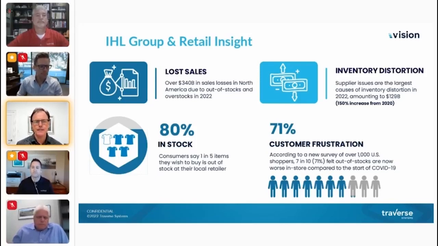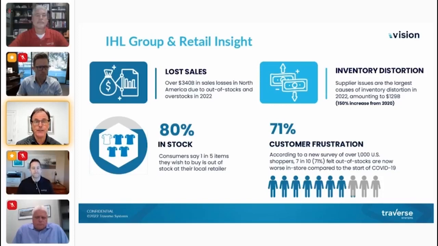There was a recent study done by the IHL Group, and what they concluded was that the combination of the two led to $340 billion in lost sales in 2022 alone. I think what was the startling statistic of that study was, of that $340 billion, $129 billion of it was a direct result of supplier issues.